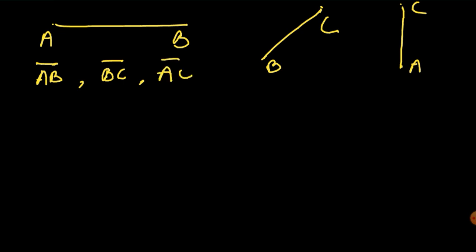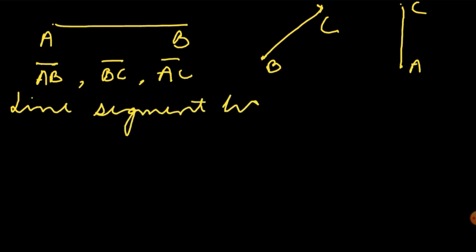Remember, all the line segments have two endpoints. Okay, so we can't extend this line segment further. So it has a fixed length and we can't increase it from both the directions.